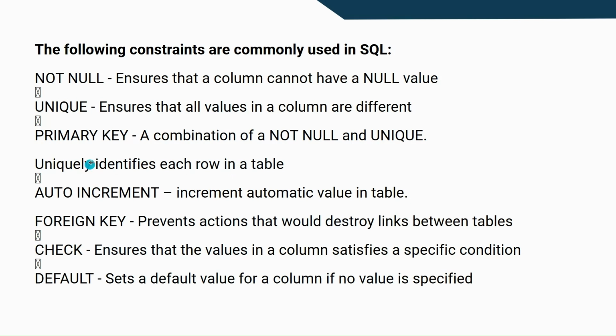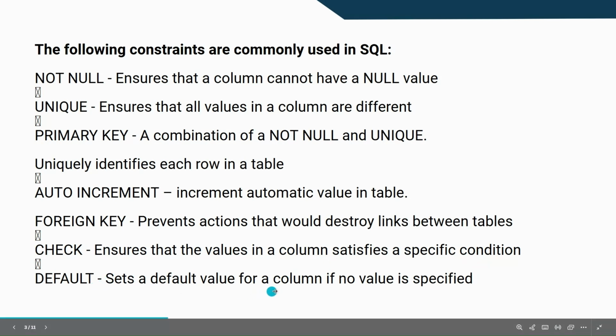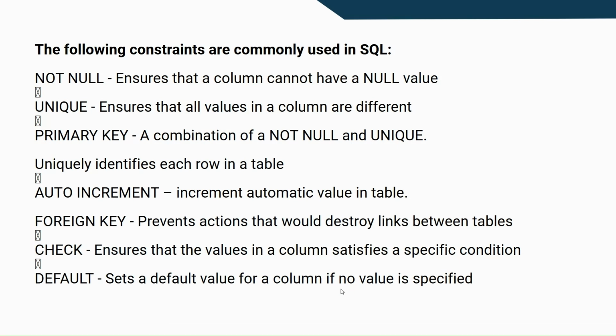Auto increment increments the value automatically in the table. Foreign key prevents actions that would destroy links between tables. Check ensures that the values in a column satisfy a specific condition. Default sets a default value for a column if no value is specified.